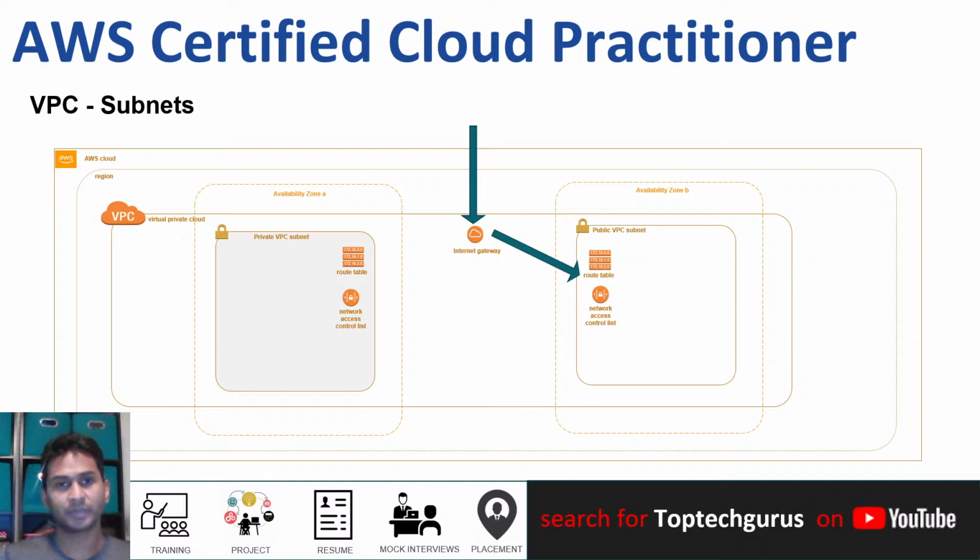Just like every system has its own firewall, the network access control list works for the VPC itself, not just the system inside it, not just the EC2 instance inside it. For the whole subnet, the network access control list does that firewall work for you.